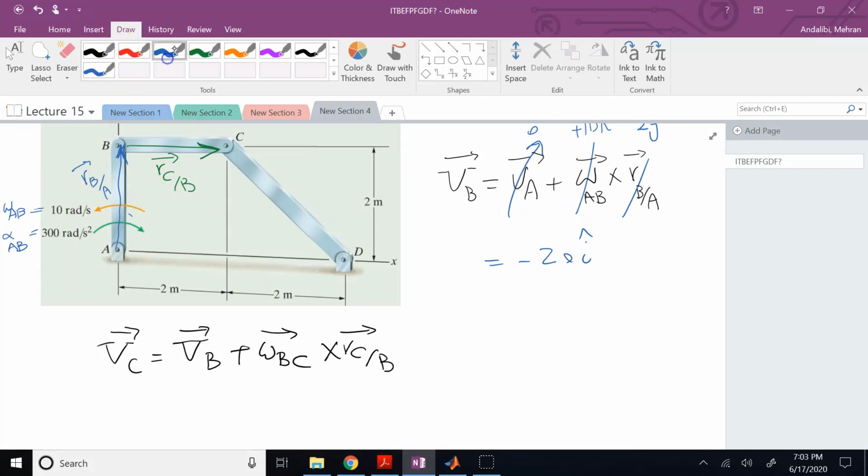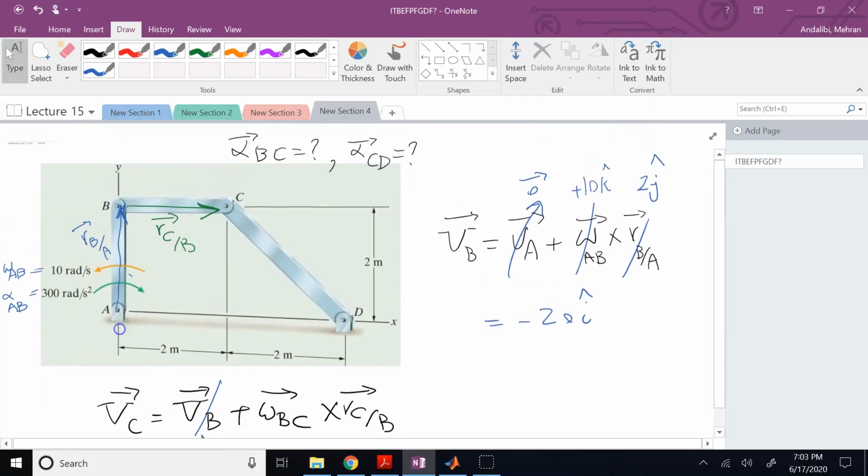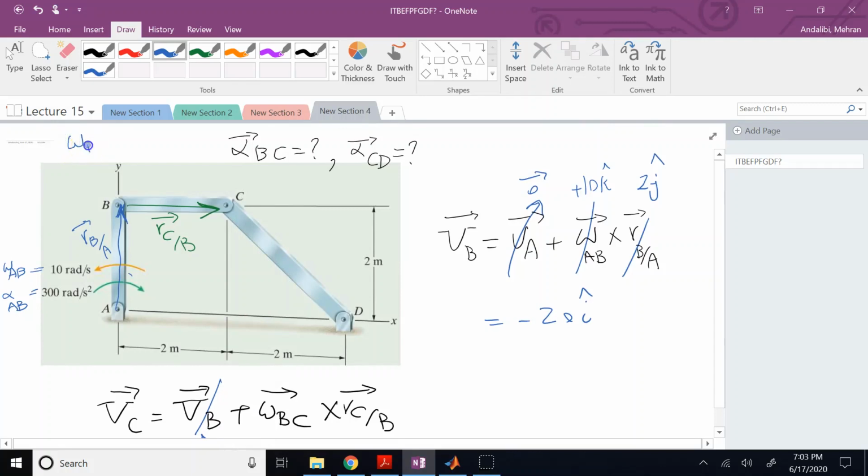And V of B, I have it completely, so I write it down, negative 20I. Omega BC, I don't know, so let's say for the moment being, I also want to find omega BC and CD, because I need them, so let's do it all.